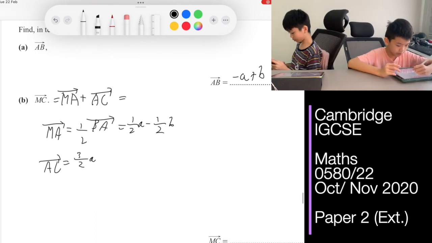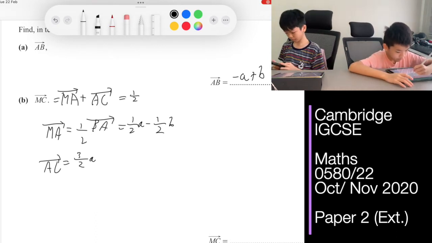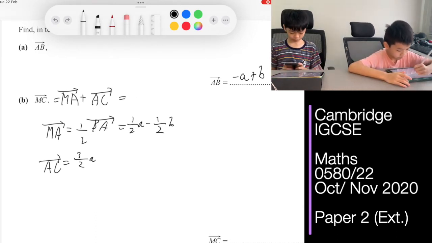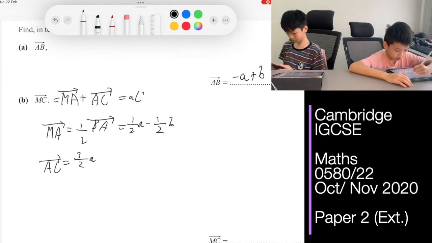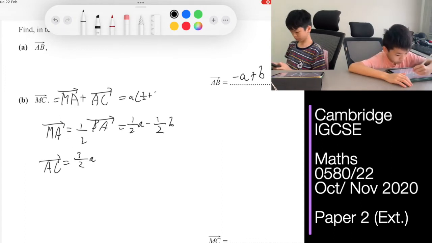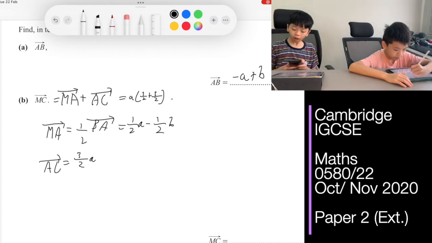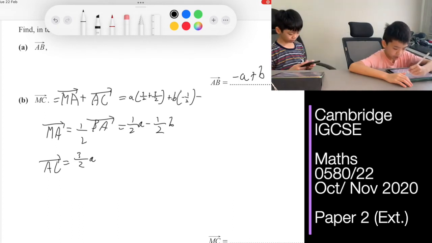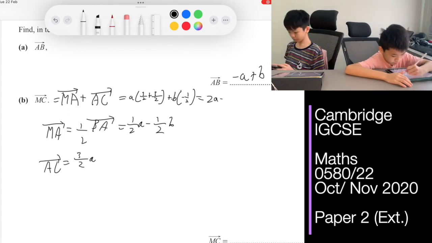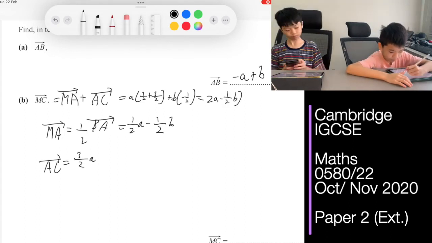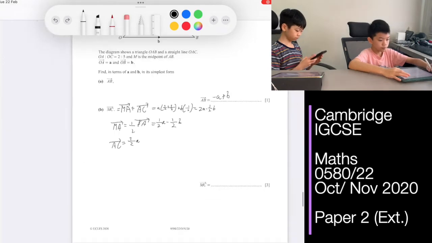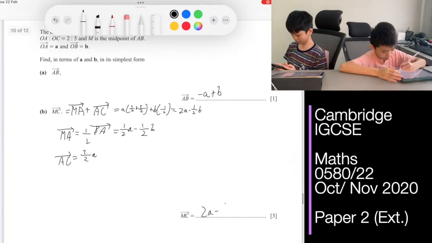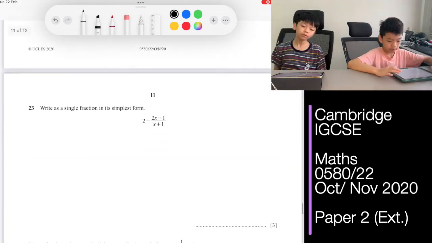So that would be equal to half a plus 3 half a, plus b times negative half, which is 2a minus half b.